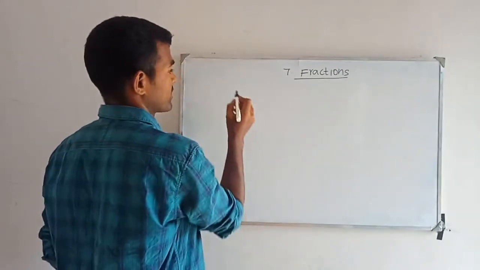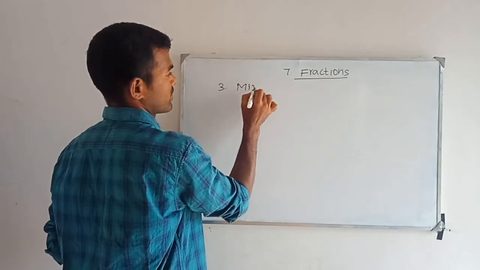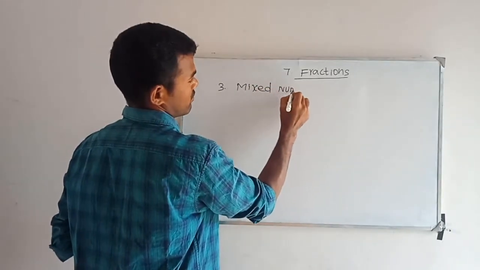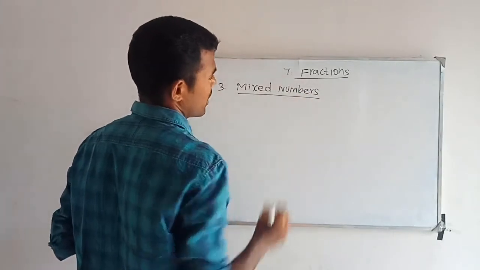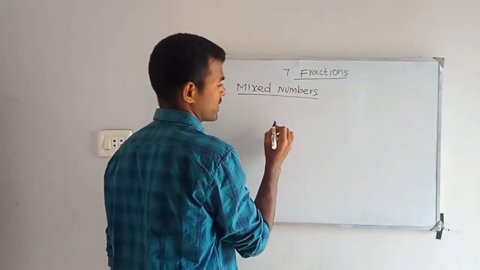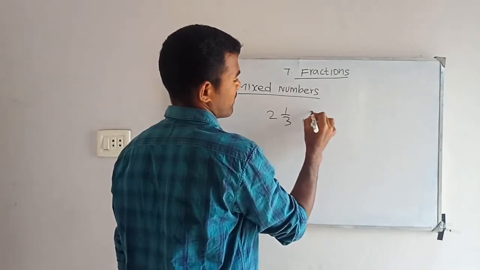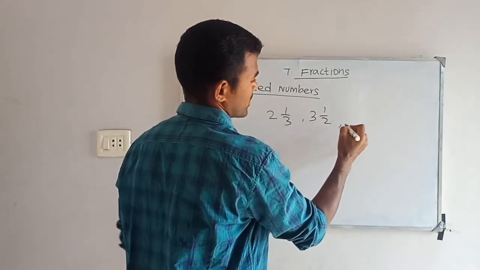Third is mixed numbers. We have seen numbers like 2 and 1 by 3, 3 and 1 by 2.